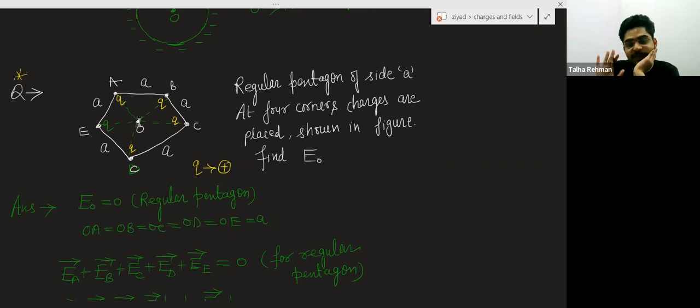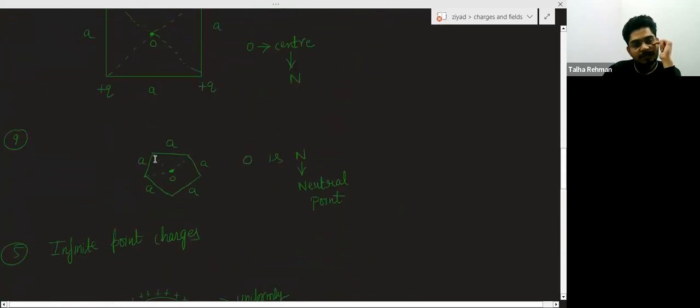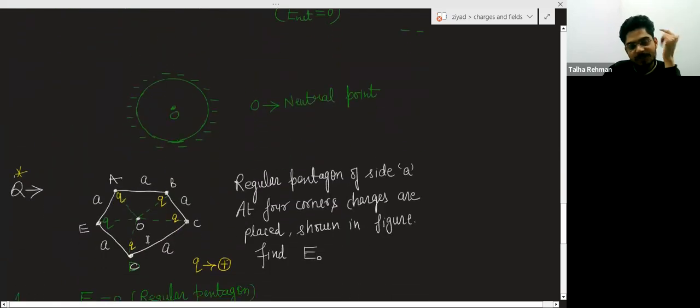So we will use the concept of neutral point. This point will become neutral when equal charges are placed here, here, and here also an equal charge is placed. Then at this point the electric field will become 0.